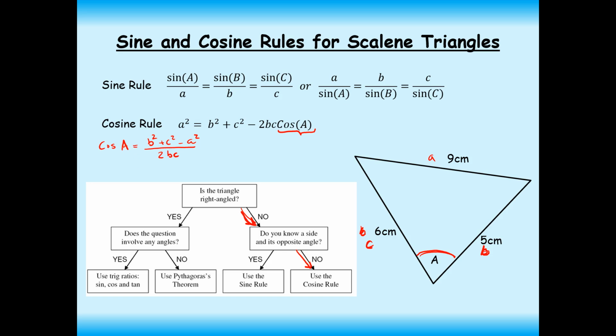The capital A tells me there's only little a squared subtracted in this top corner. So putting the numbers into that equation, we're gonna have 6 squared plus 5 squared minus 9 squared divided by 2 lots of 6 times 5.